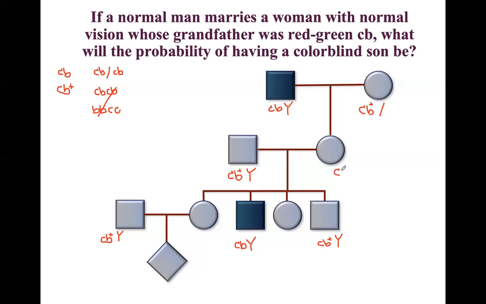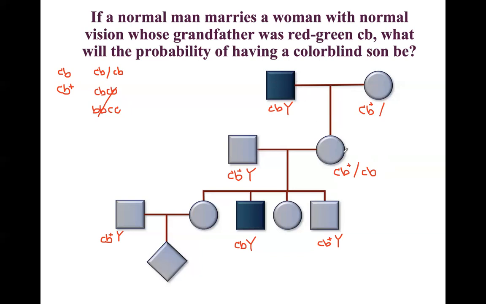The mom is normal, not colorblind. So the mom is CB plus CB. There's the colorblind trait. Now let's go back up. This CB here came from dad, and this CB plus came from mom.